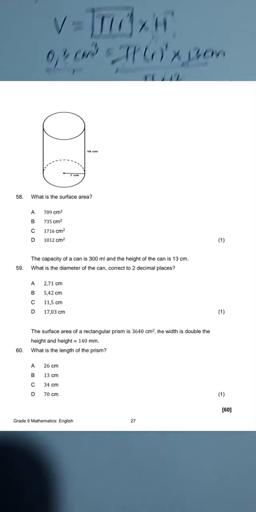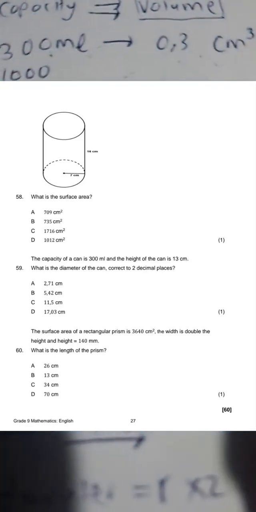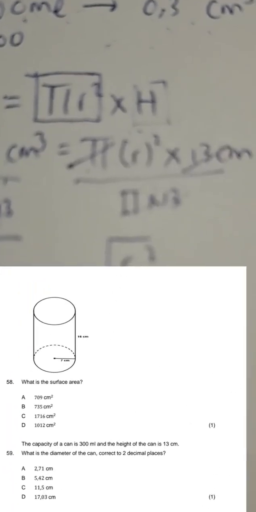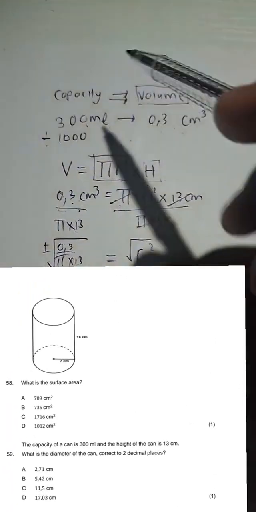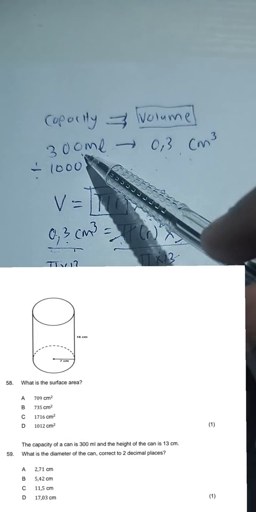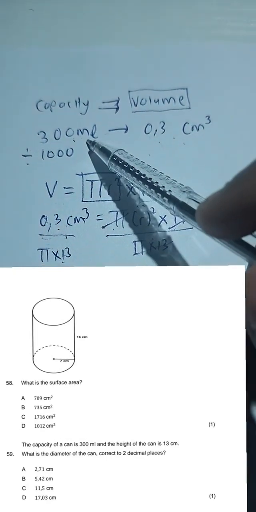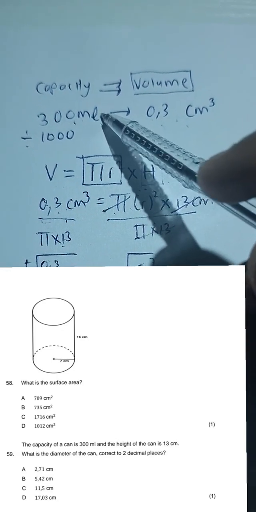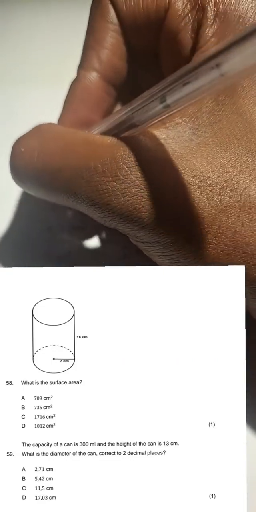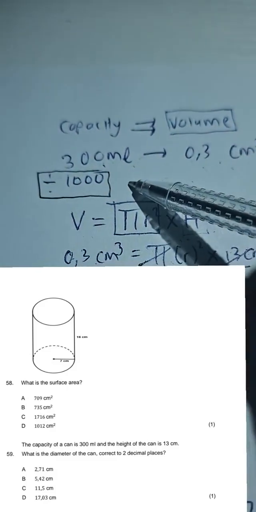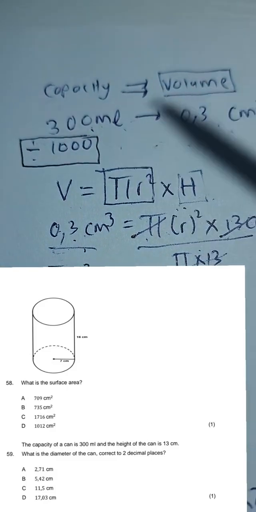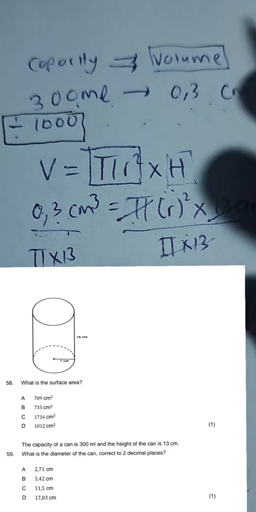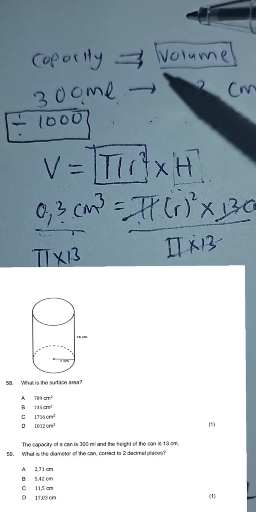Now, yesterday I specifically asked the live viewers, what is the conversion of milliliters to centimeters cubed? And someone in the comment section said, we divide by 1,000, which was 100% incorrect. So I just played along with what the viewer had said.